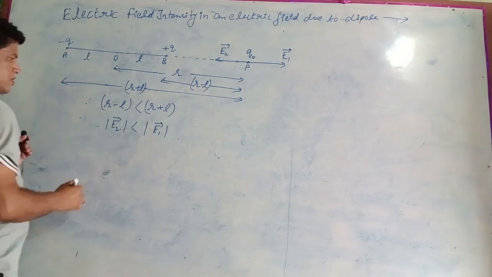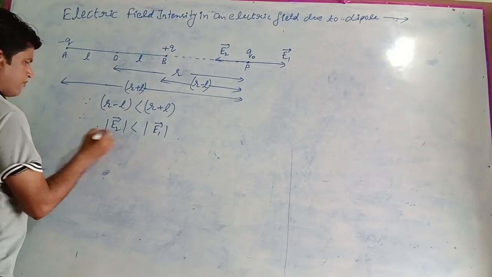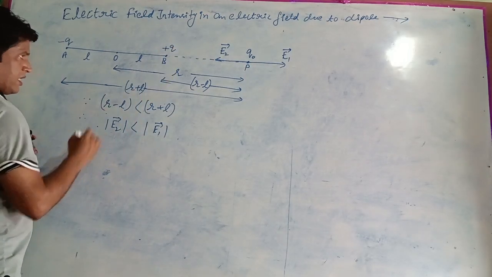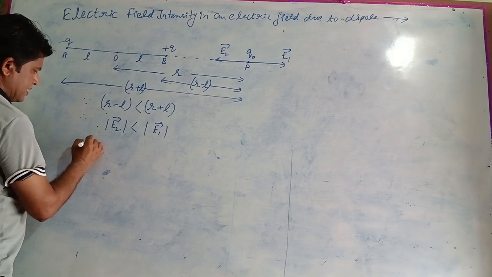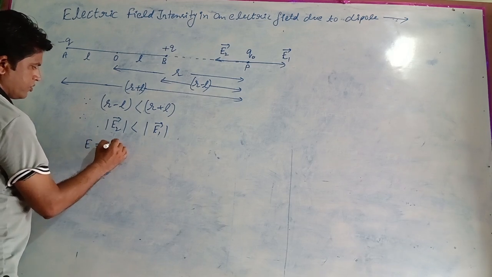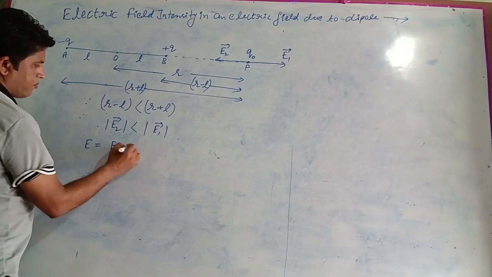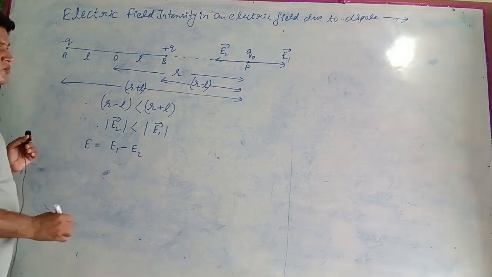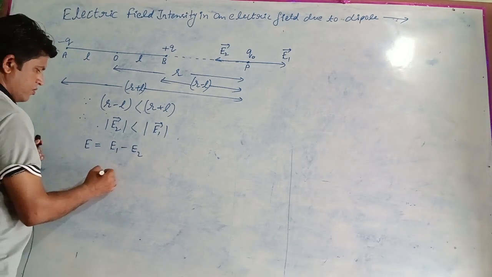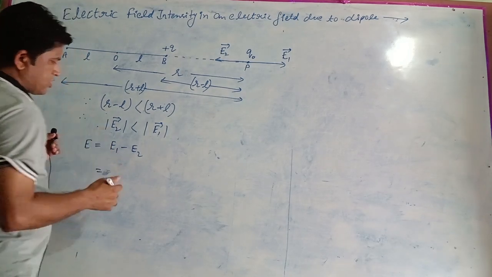So now we have to find the net intensity at point P. The net intensity will be E is equal to E1 minus E2. Now put in the formulas of the intensities of these two.